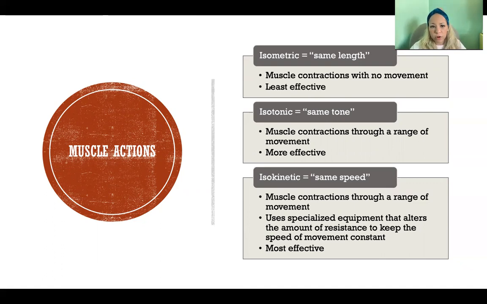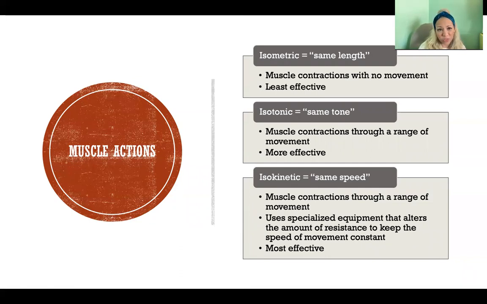So isometric muscle actions, or muscle contractions, is when the muscle contracts and it's producing force, but it's not generating any movement. So you're holding a static posture. That is the least effective when it comes to strength gains, or really any muscle adaptations, but primarily strength.